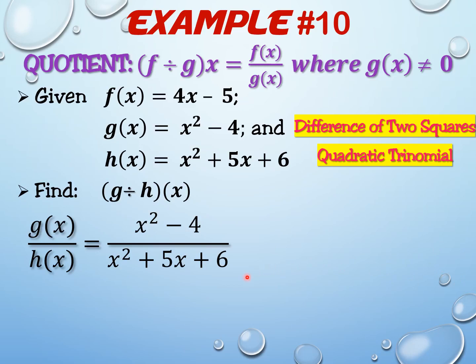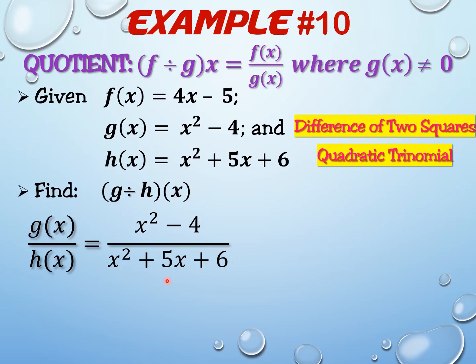Okay? Now, to factor them, you think of two numbers or two factors that, when you multiply, will be equal to 6, and when you add will be equal to 5. Okay, can you think of any numbers?